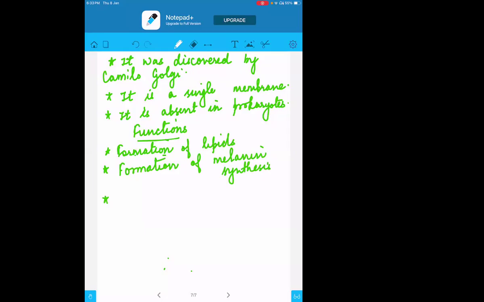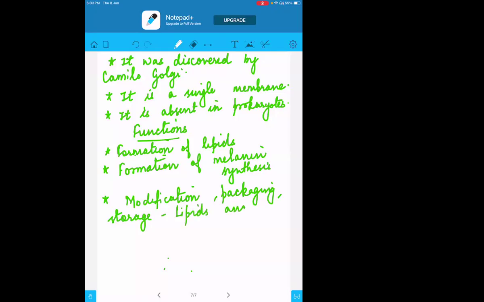At the same time, whatever modification is required, or packaging is required, and storage is required, of what? Of the lipids and proteins.